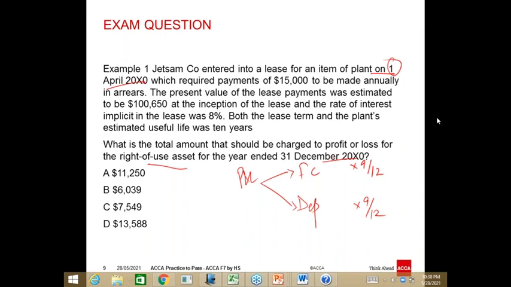Yes, we have to do the depreciation in the lease back situation as well. Please calculate your answers. The exam-based question.